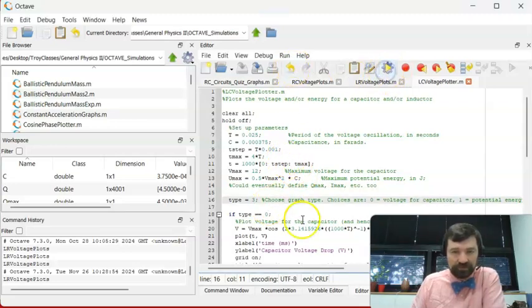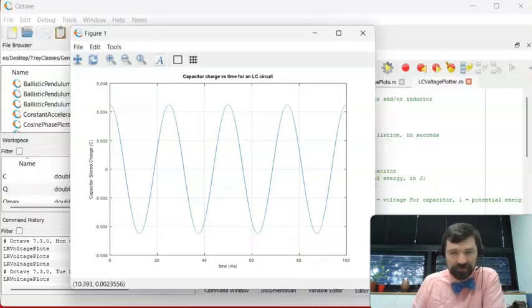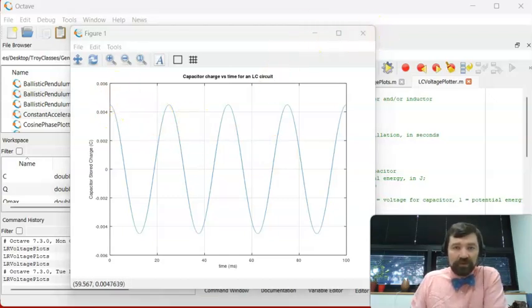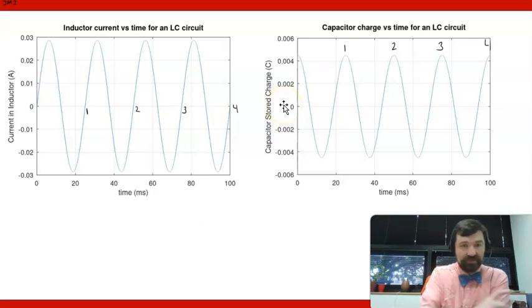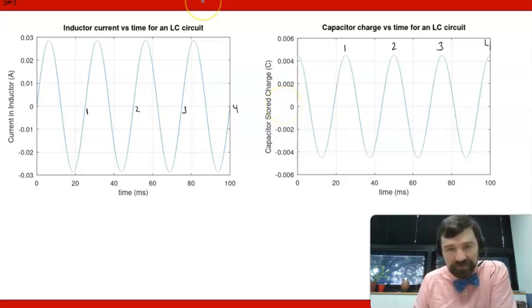And we could also go through and rerun it here if we prefer, and same thing. So again, if I'm looking at this graph right here, this value is essentially my Q0 value. And on a similar note, this value is my I0 or I max value.